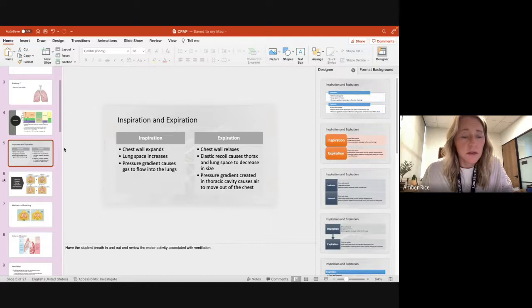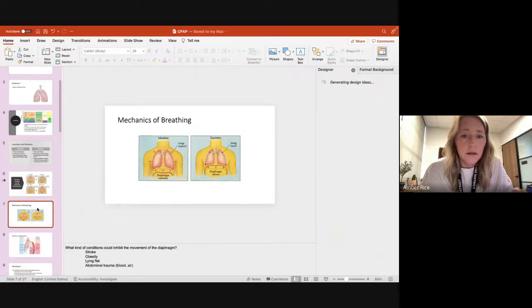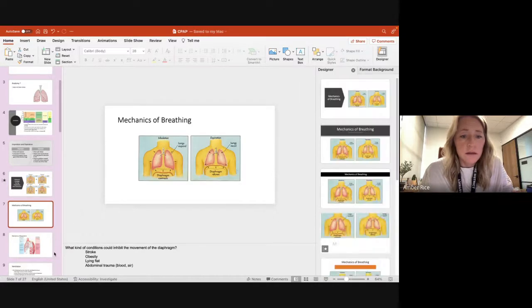So this is just the physiology part. And then talk through how the pressure changes work in the lung, mechanics of breathing, and down in the notes I have just a couple of things that would be discussion points for the instructor.